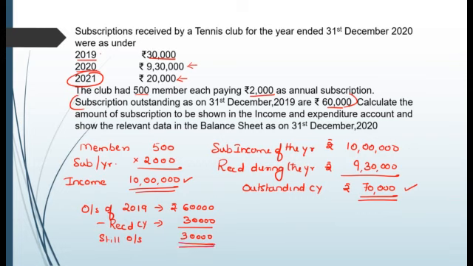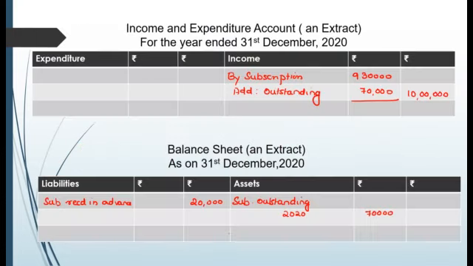So this has to continue to be shown in our balance sheet as receivable. So related to 2019, we would write that 30,000. Therefore, the total subscription outstanding in the balance sheet of the current year would be 1 lakh, not just 70,000. So that was a tricky part that you have to see.